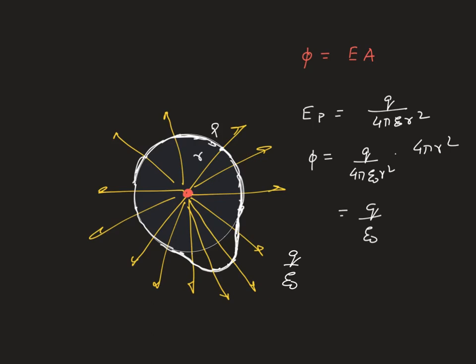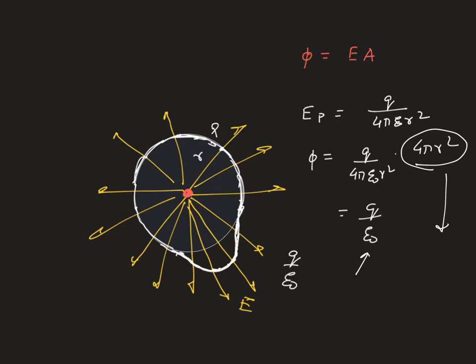But if you multiply this yellow field with this dented area, you will get to know that this area has changed. Now this area is not 4 pi r squared, and if we take a different area, we will get a different value here, right or not?